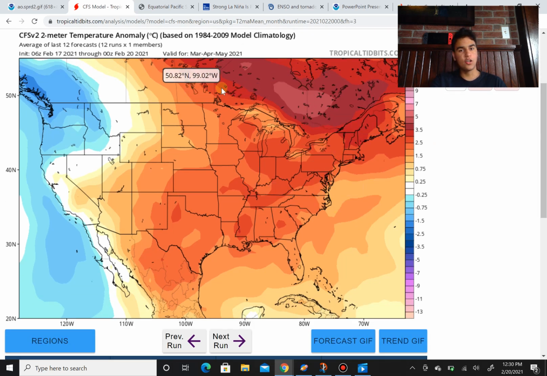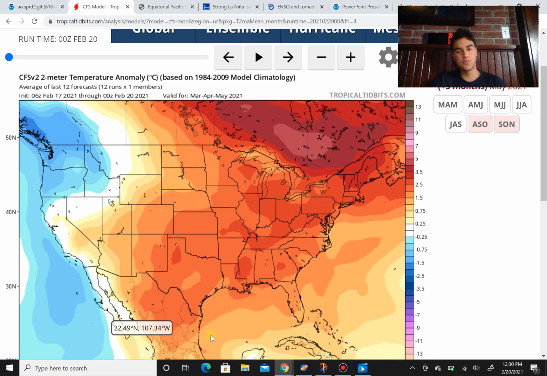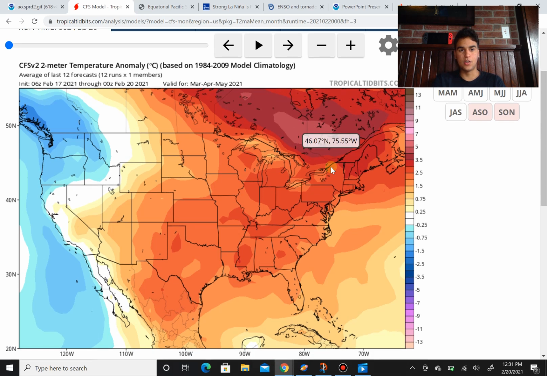It looks back at historical data, compares it to patterns similar to this current one we're experiencing, and it comes to the conclusion that for the most part, we're going to see much warmer than average temperatures for most of the United States, especially in the Northeast, where the highest temperature anomaly is right around southern Canada, where they're well above average in terms of temperature for the most part.